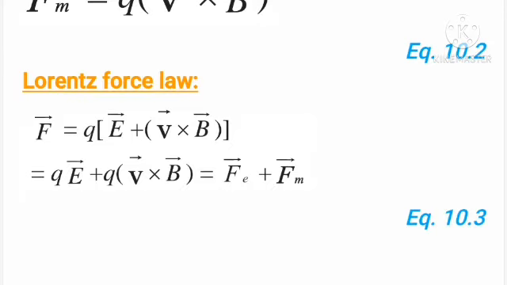The force can be given by the Lorentz force law, and the equation is F, which is a vector, equal to q into bracket E plus v cross B. If we multiply charge q with the terms in the square bracket, we get qE plus q into bracket v cross B. The first term qE is called Fe, and the second term in that addition gives you the magnetic force. So this is your Lorentz force law.